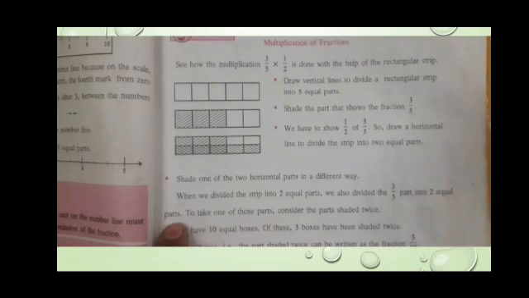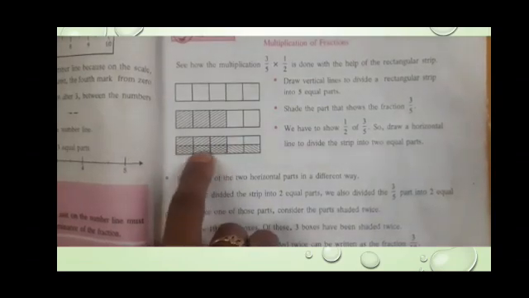Now when we divided the strip into 2 equal parts, we also divided the 3/5 part into 2 parts. Means this 3 by 5, we have taken half of 3 by 5 again. Now as you all can see, these 3 parts are different from the other parts.